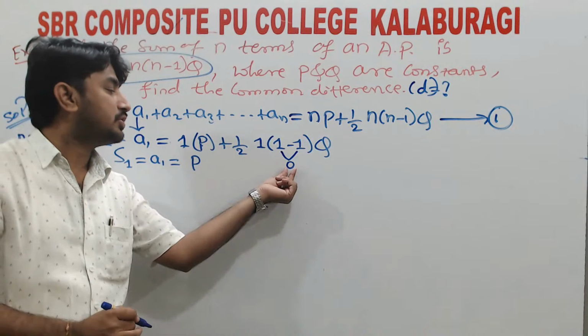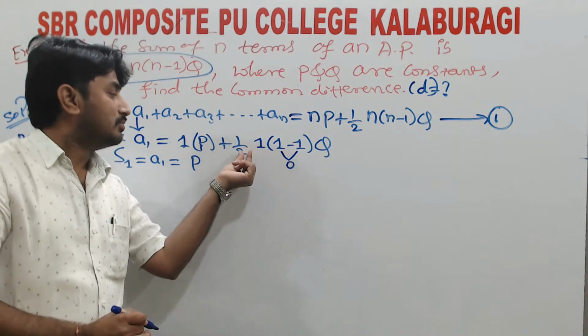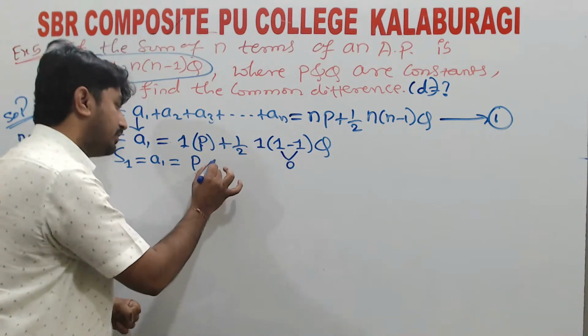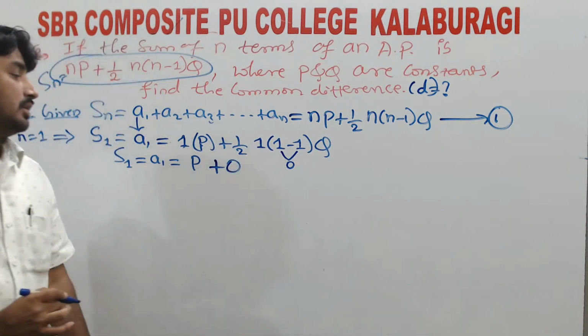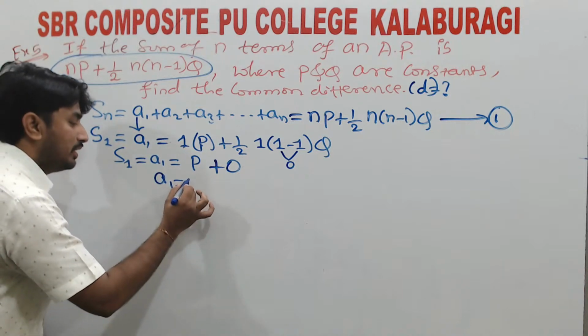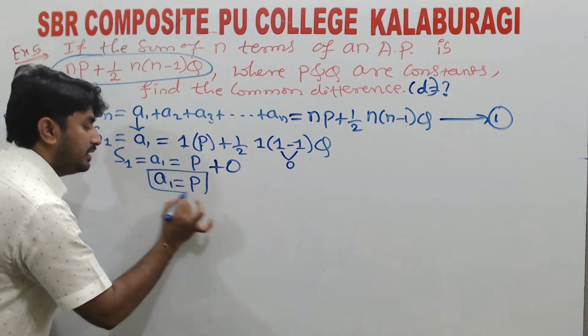If you multiply 0 to any number, it gives again 0. Therefore, the remaining term becomes 0. Therefore, here the first term value is P.